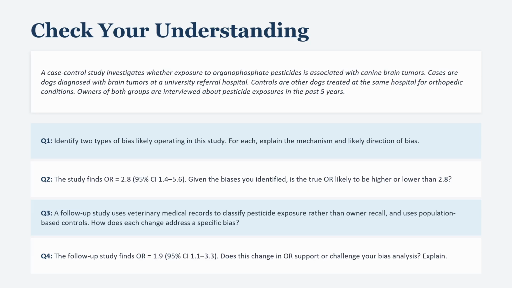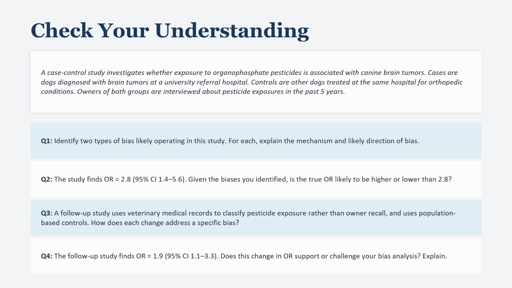If dogs with brain tumors and dogs with orthopedic conditions differ systematically in their likelihood of presenting to a referral hospital in ways that correlate with pesticide exposure, the OR will be distorted. Direction, uncertain, depends on the specific exposure referral correlation, but it introduces non-representativeness of the target population.